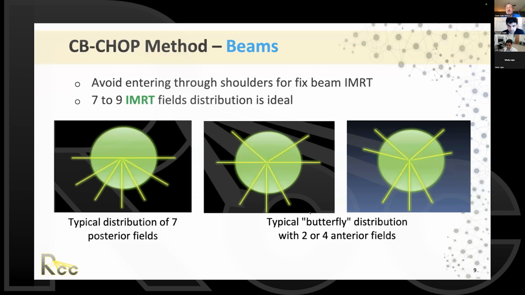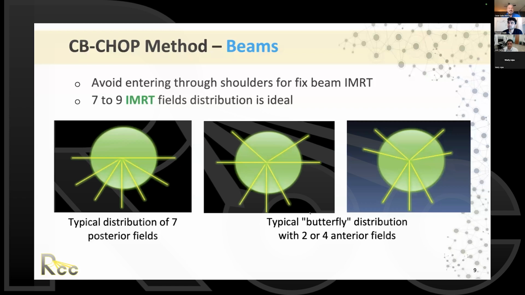The shoulders are normally very well immobilized, but there is always a wiggle of the patient in the shoulders. Imagine if you have beams going through the shoulders, there could be a big change in the path of the beam, so of distance, and that will significantly change the dose distribution in that area. So we want to avoid as much as possible entering through the shoulders for fixed beam IMRT cases.